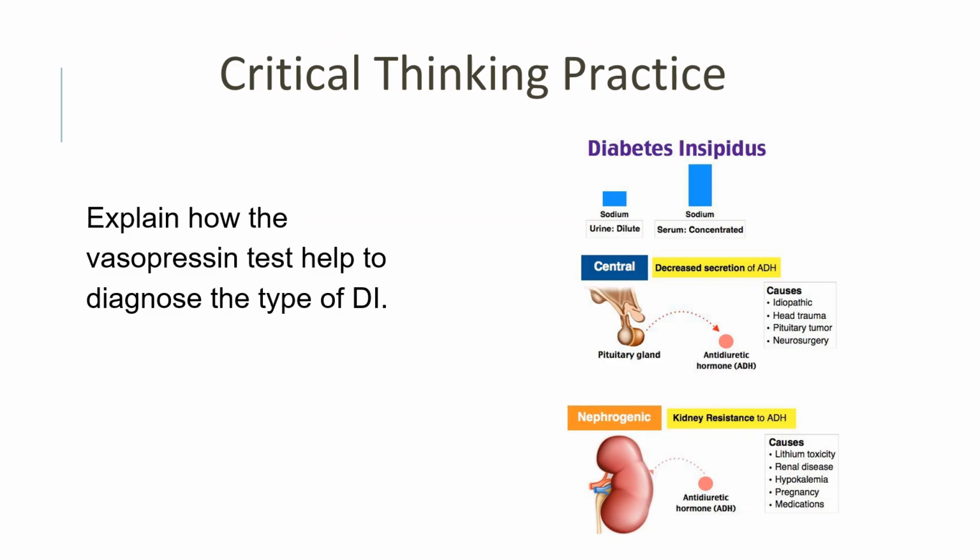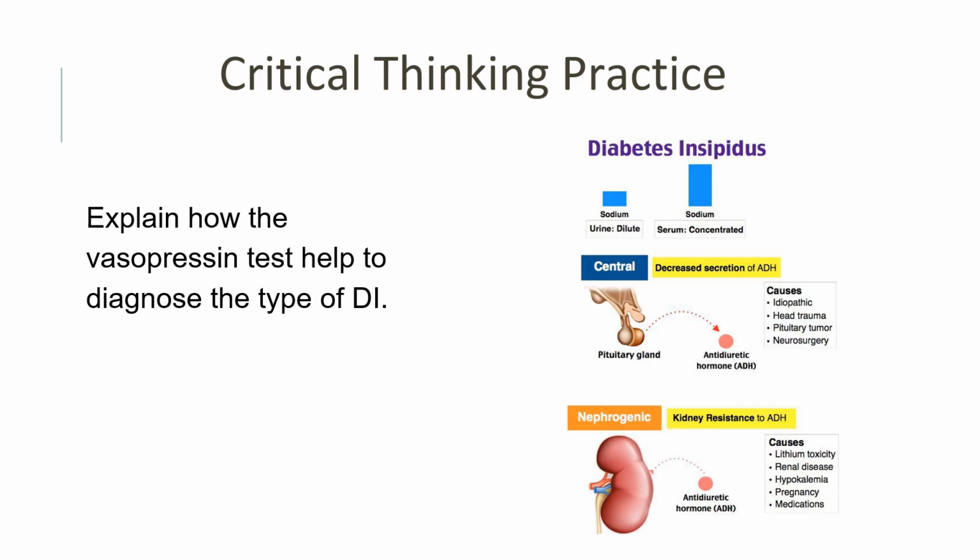Okay, so how does the vasopressin test help to diagnose the type of DI? Well, we kind of talked about that, right? When we give vasopressin, if we have a positive response on the part of the kidneys by being able to concentrate more urine, then we're going to know that this is much more of a central or neurogenic diabetes insipidus.